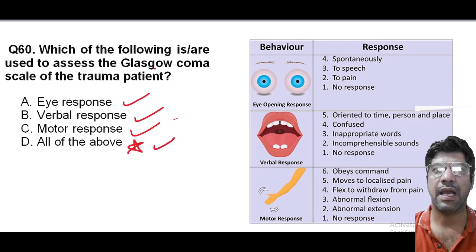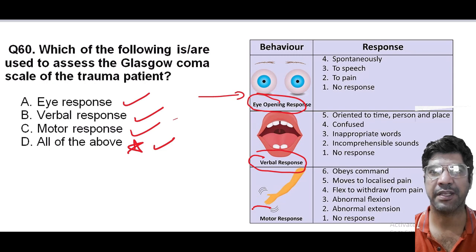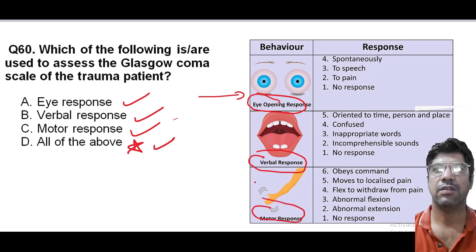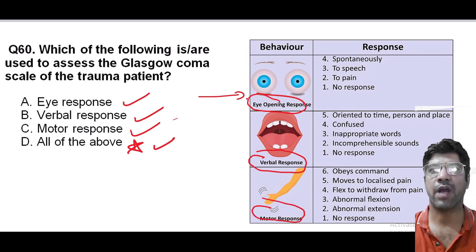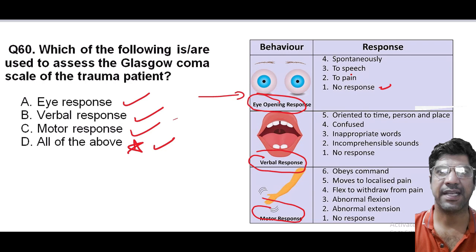So in Glasgow coma scale of the trauma patient, we use various responses like the eye opening response, verbal response, and the motor response. For eye opening response, the scores are 1, 2, 3 and 4. 1 means no response, 2 means eye opening to the pain, 3 means eye opening response to speech.